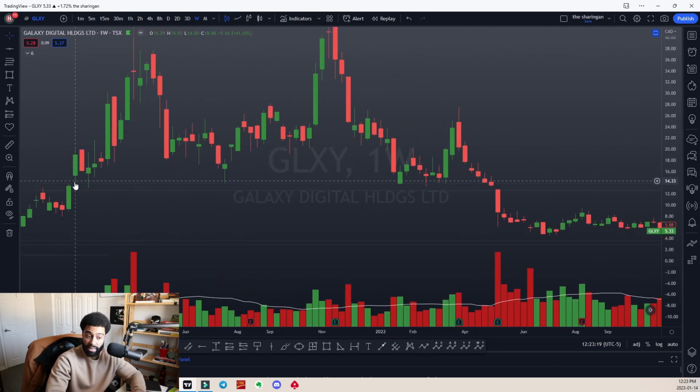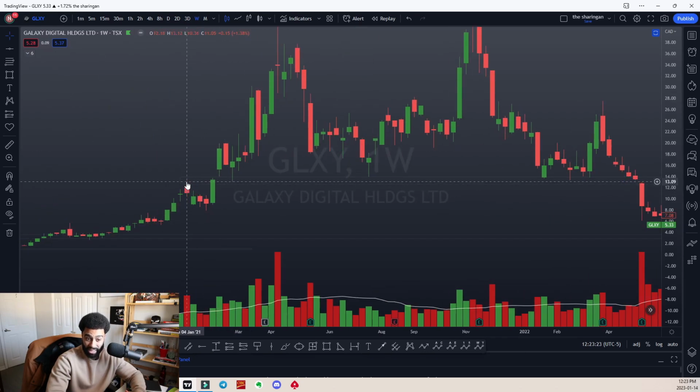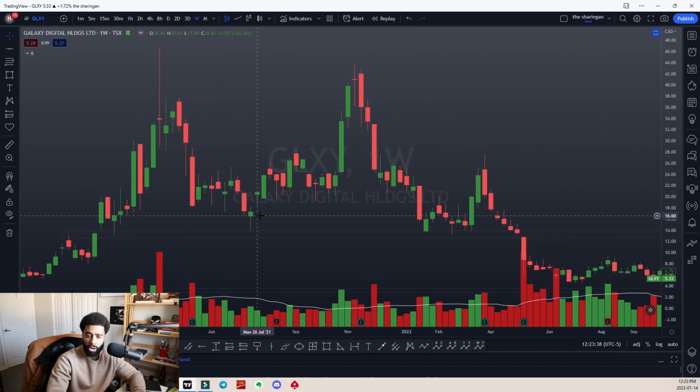If you really look back, it was technically a supply zone for a little bit. We come back down, we break above it. Now there's more people willing to buy at this price, so it's acting as a demand for a long time. It came back into this zone once, twice, 3 times, 4 times, and we got a pop each time. So that's telling us there were people willing to buy.